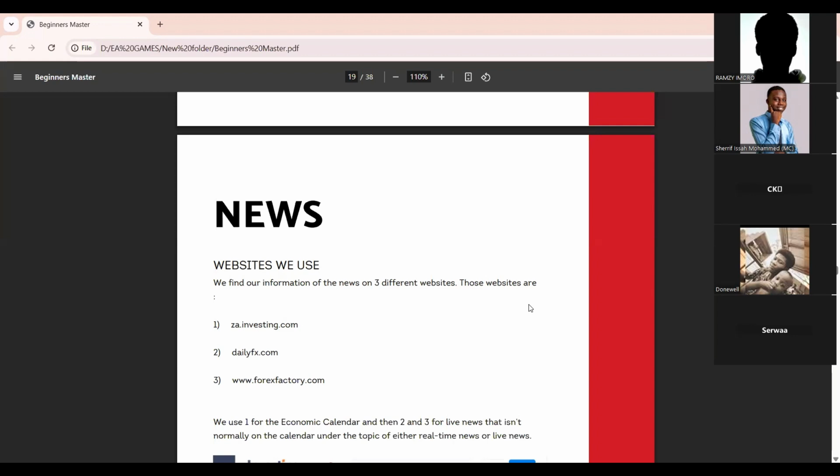They also give out info on how the currency is underperforming and how they want to fix it, and how inflation is going. All these things come together as news. That's how we see it as traders. We call it fundamental news.